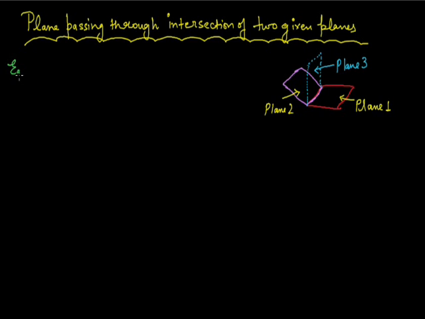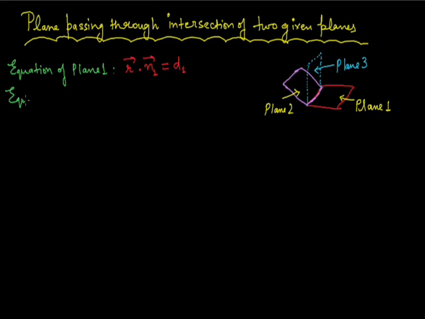So suppose the equation of plane 1 is given to us as r vector dot n1 vector is equals to d1. This is the vector form of the equation of plane 1.